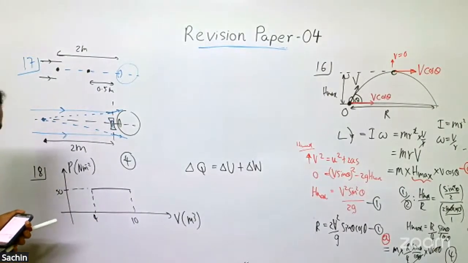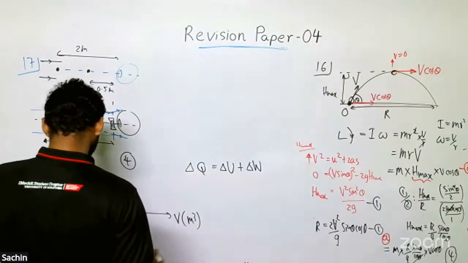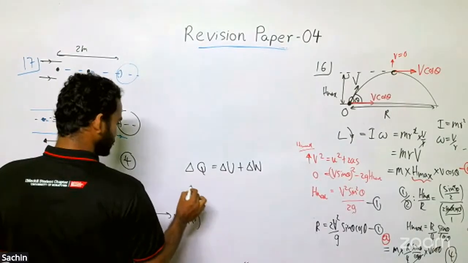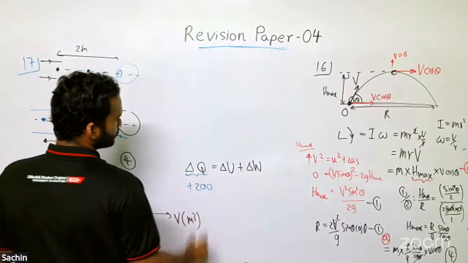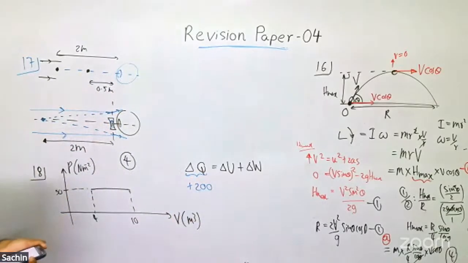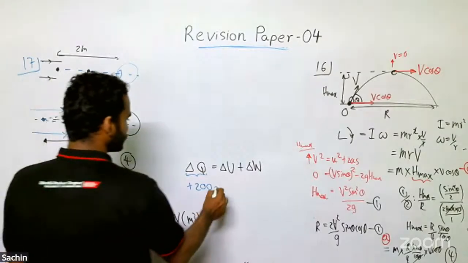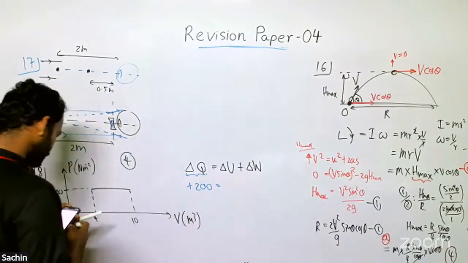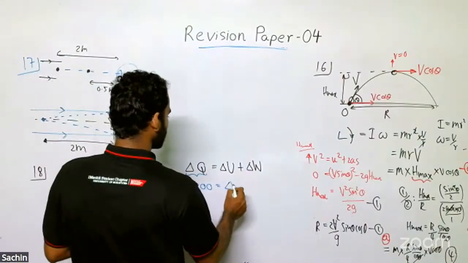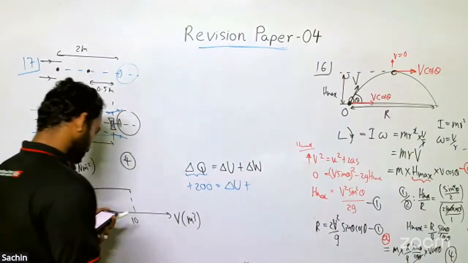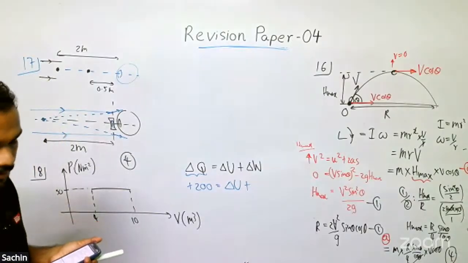So what is the heat given? 200 joules of heat is supplied. That means delta Q, the heat supplied, is equal to plus 200 because it is supplied. And that equals the change in internal energy plus the work done by the system.